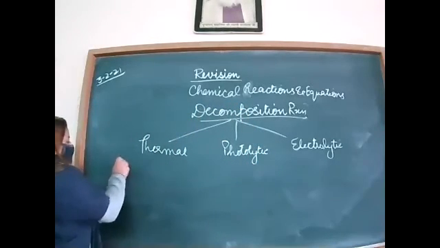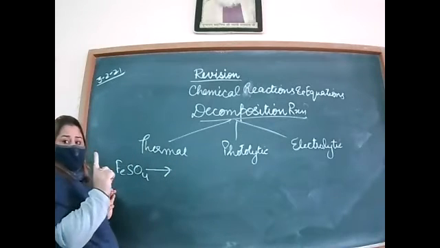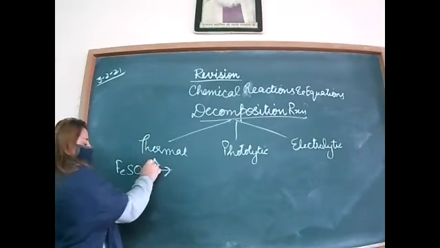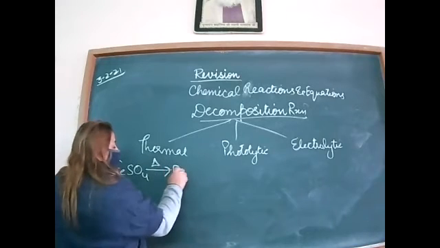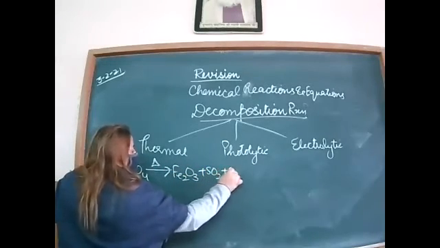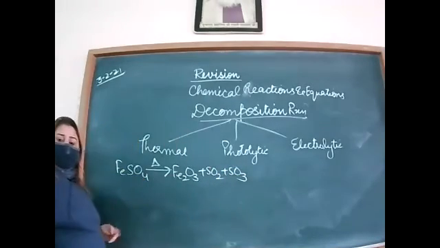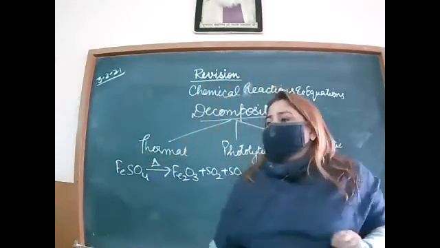Number 1, iron sulfate. We already discussed it in the lab lecture also. When it decomposes, it will form Fe2O3 plus SO2 and SO3. What is the color of the Fe2O3? Brown.